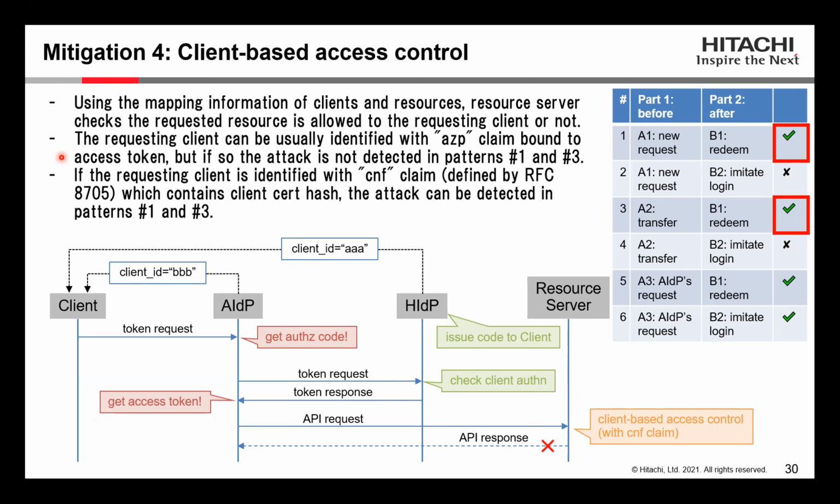If the requesting client is identified with CNF claim defined by RFC 8705, which contains the hash value of the client certificate, the attack can be detected in patterns 1 and 3. This is because in these patterns, the IDP cannot send the client's client certificate to the resource server. The resource server can detect the API request is not coming from an honest party and doesn't send an API response.